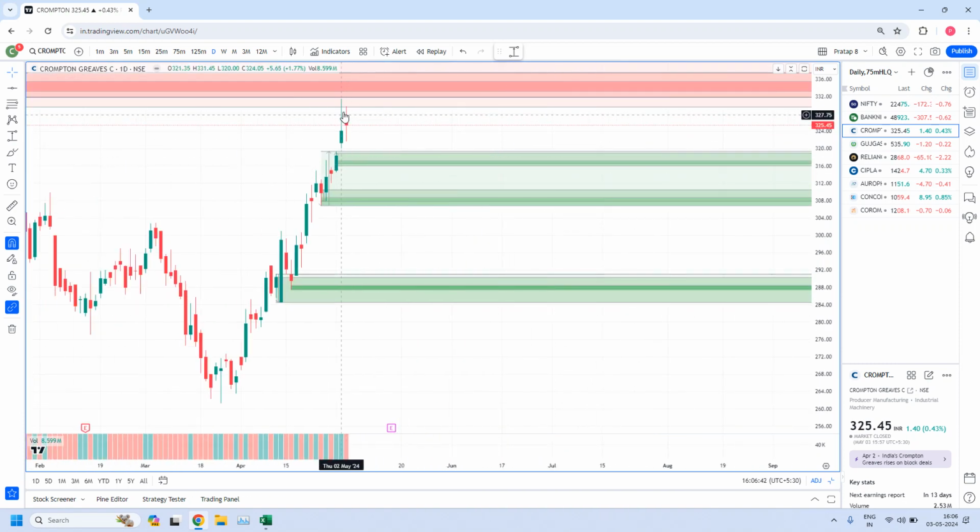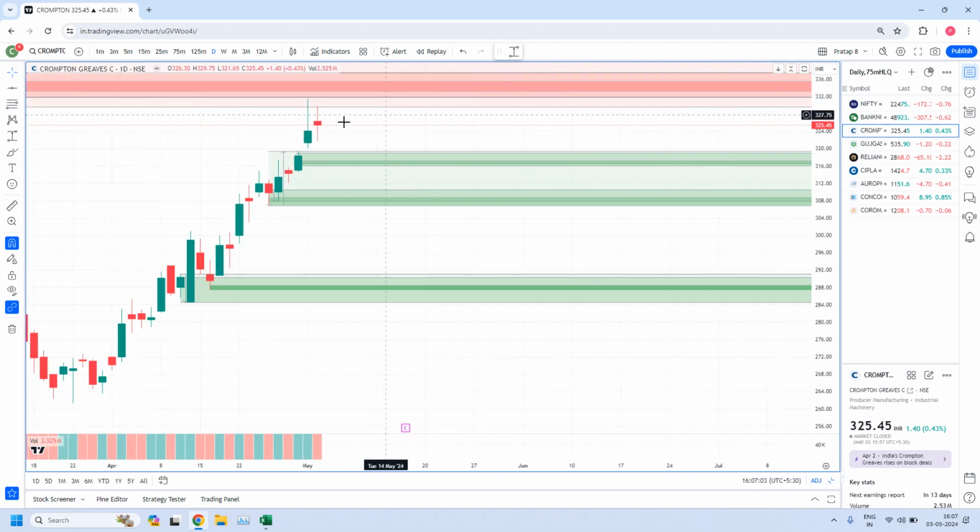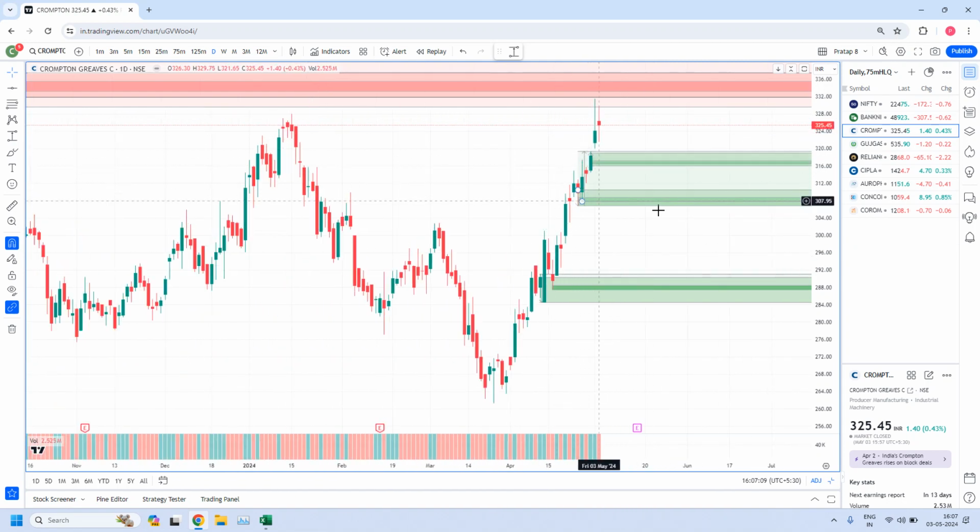But today prices came into the zone, entering only up to this fine tuned 75 minutes level, and then came down. Maybe there is a strong order flow here. In today's candle, prices have just entered into this daily zone, touched and again came down. So anyway, we didn't get a trade in Crompton.